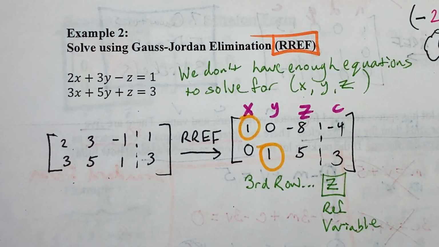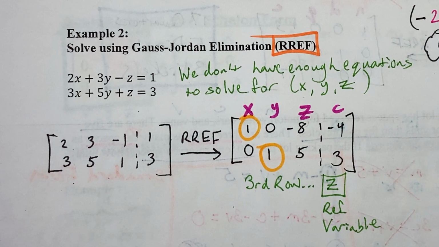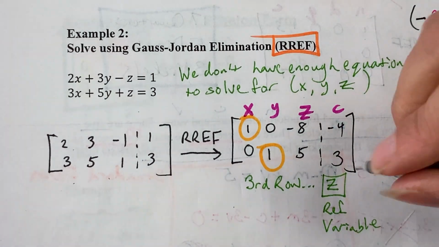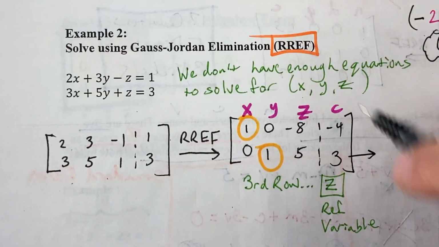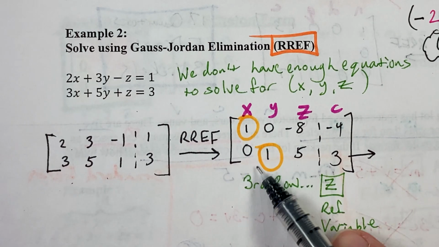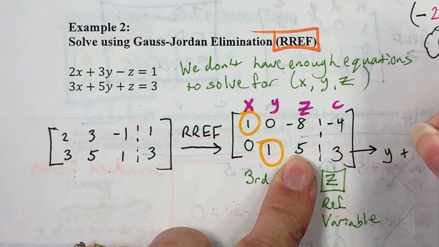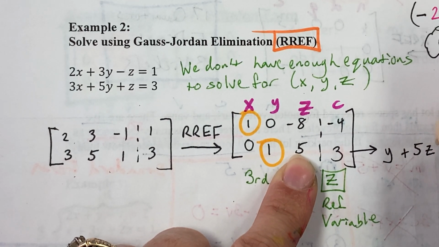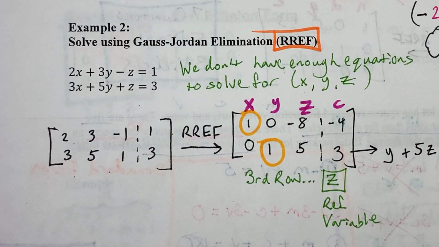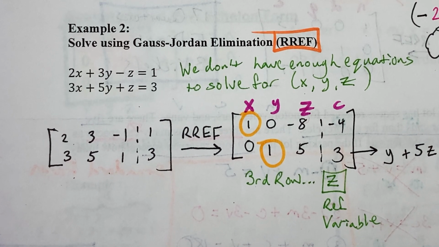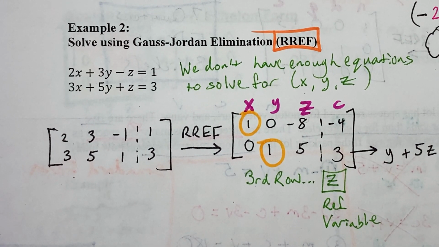So we want to come up with an expression for x and y only in terms of z. So let's go ahead and transform that second row back into an equation. This says 0x, 1y, or just y, plus 5z equals 3. How do I solve for this expression for y in terms of z?